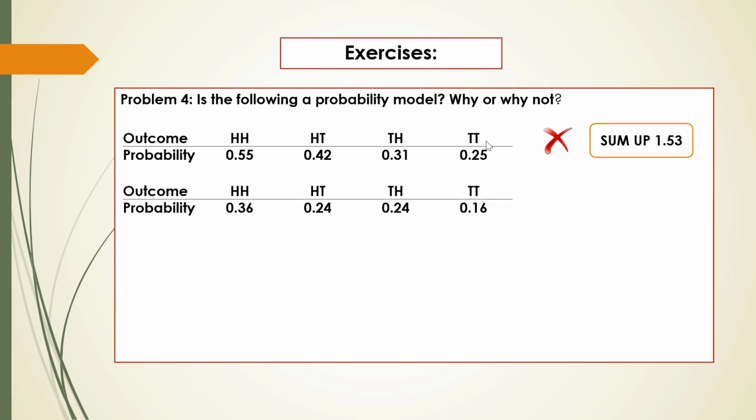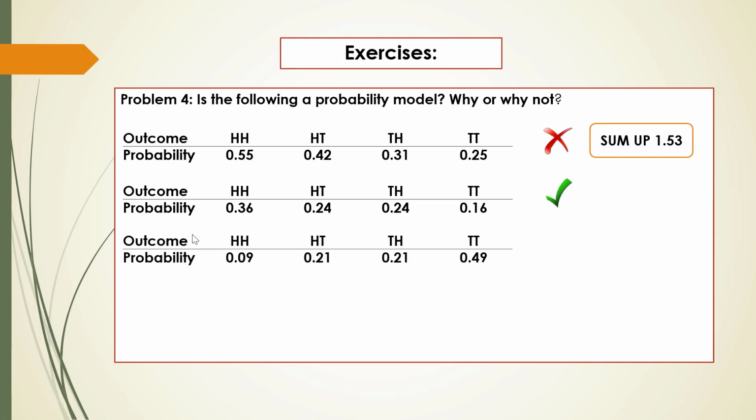The second model, we also have 4 possible outcomes and their probabilities. These 4 probabilities are between 0 and 1 and they add up to 1. So this is a probability model. The third model, 4 possible outcomes. We have 4 probabilities. These probabilities are between 0 and 1, so the first property is satisfied.